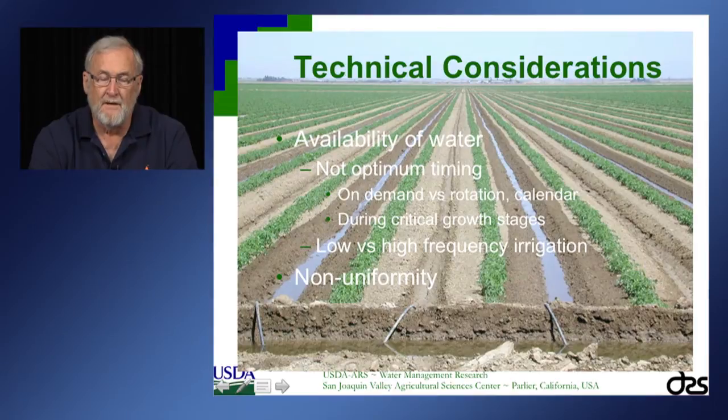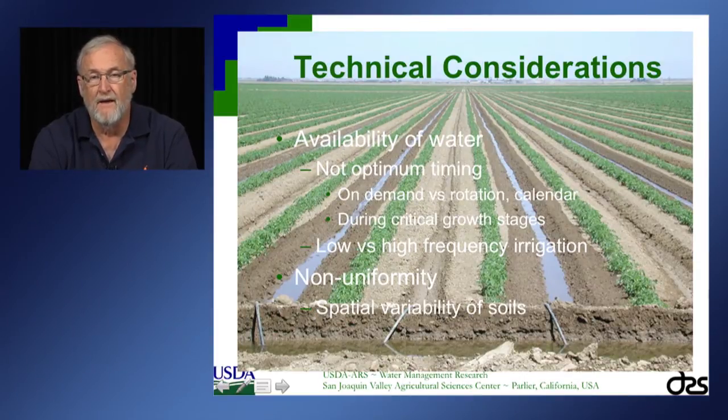Non-uniformity. Well, we talked a little bit about non-uniformity from the standpoint of the irrigation system, but one thing I think we oftentimes forget is the spatial variability that exists within the soils. And this can have a large impact on your irrigation strategy.